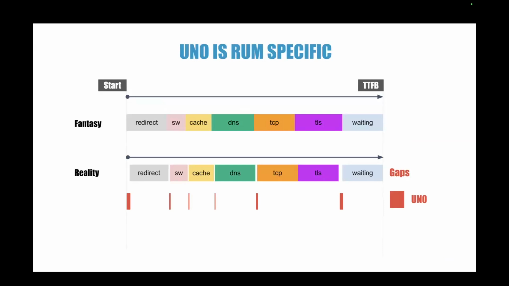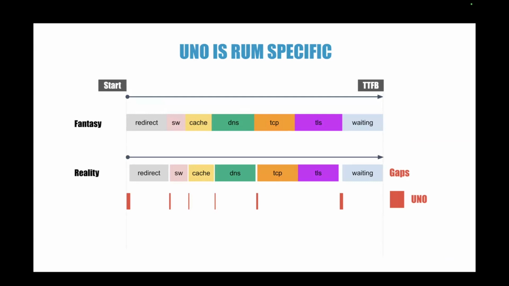And the other thing, which I think is key to know, is DNS is DNS. If you're looking at 700 different RUM tools, every DNS lookup should be an exact DNS lookup. Now, UNO is RUM specific. What do I mean with that? It depends on what the RUM tool actually measures. For example, in ours, we capture all these things.